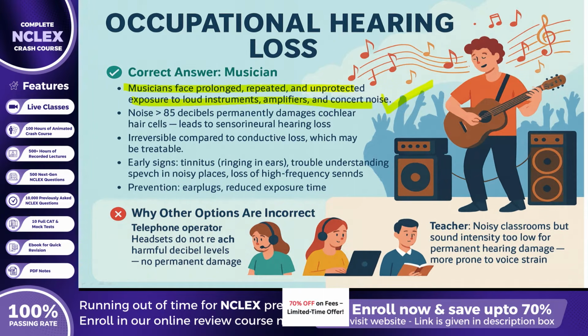Unlike conductive hearing loss, which results from outer or middle ear issues and can sometimes be reversible, sensorineural loss is permanent. Early signs include tinnitus or ringing in the ears, difficulty understanding speech in noisy areas, and gradual loss of high-frequency sounds. Preventive measures involve the use of specialized earplugs, limiting exposure time, and undergoing regular audiometric screenings.